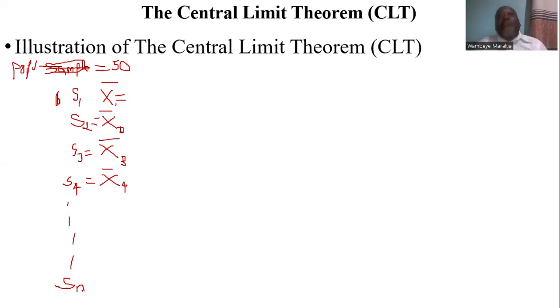Because we are sampling randomly, as we do the sampling, these individuals, we measure them, and then they go back into that population. Then we do this up to that level.